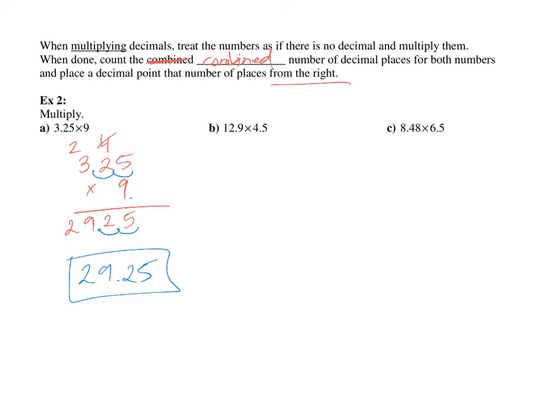All right, next one, I have 12.9 times 4.5. So I have 9 times 5, which is 45. Carry the 4. 2 times 5 is 10, plus 4, 14, carry the 1. 1 times 5 is 5, plus 1 is 6.